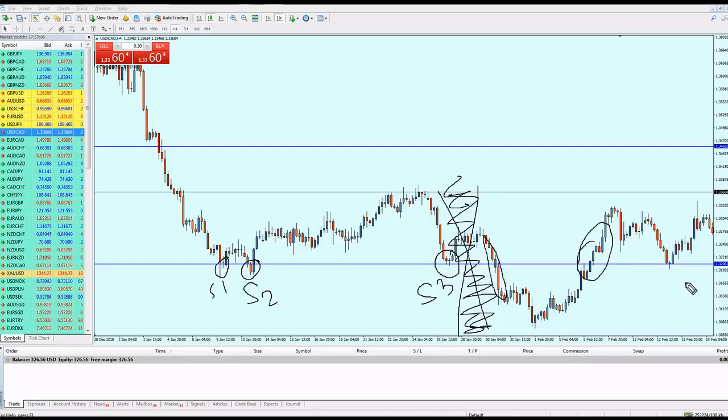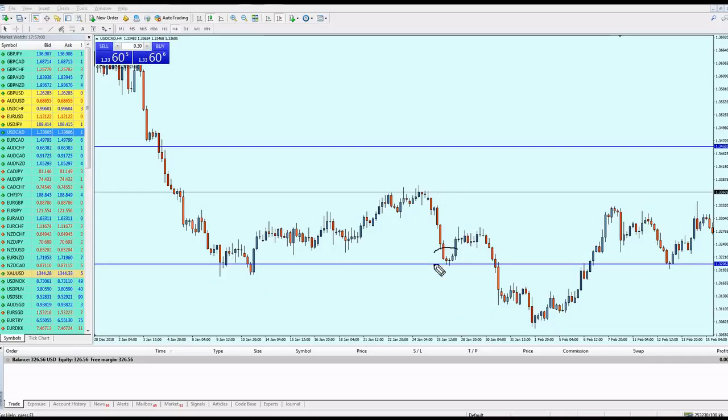So now this level of support has been broken out by this bearish breakout candle, and now we can see this level has become a resistance right here. Now this same resistance has been broken out by this bullish breakout candle.